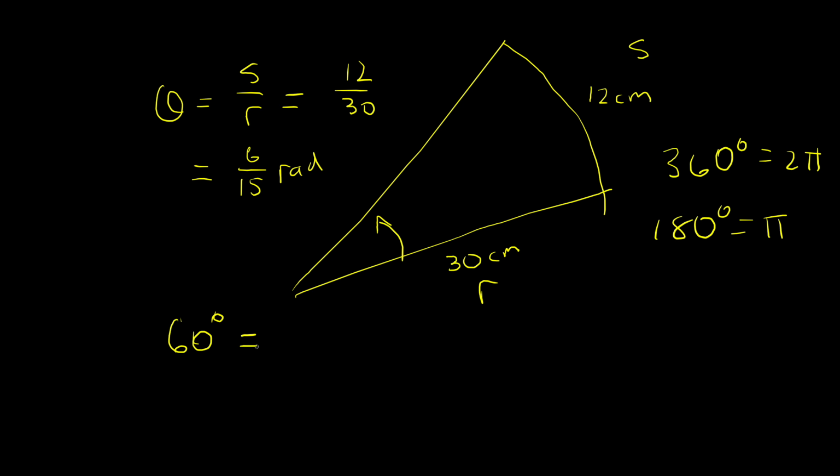We want to find out how many 180 degrees there are in 60 degrees. We divide by 180 degrees, and for each 180 degrees, it will be 1 pi. So we divide by 180, multiply by 60, and this will give you 60 over 180 pi, which would be a third pi, or we can just say pi divided by 3. So that is 60 degrees.